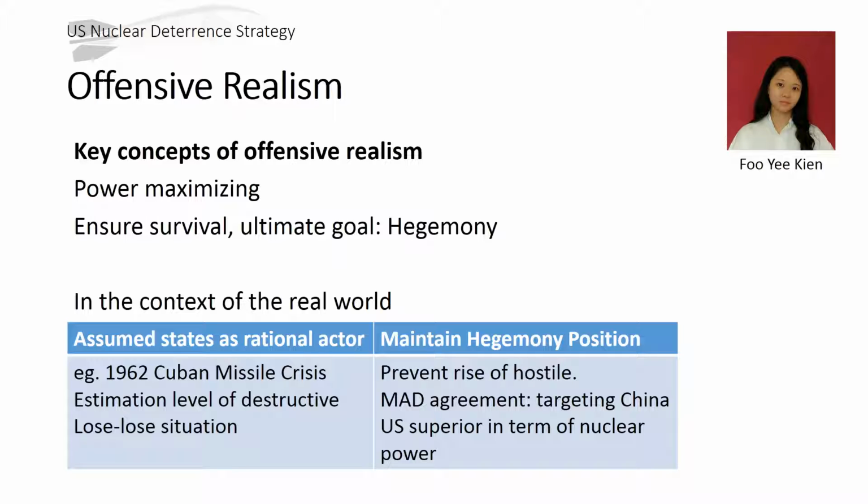As I mentioned before, the practice of nuclear deterrence strategy is able to maintain hegemony by preventing the rise of hostile powers. For example, the mutually assured destruction doctrine effectively prevents the rise of China in terms of nuclear power, and thus nuclear power will be part of the US strategy to surpass its rival.